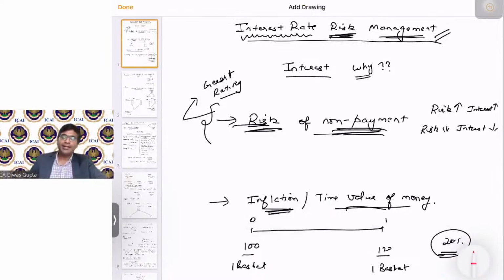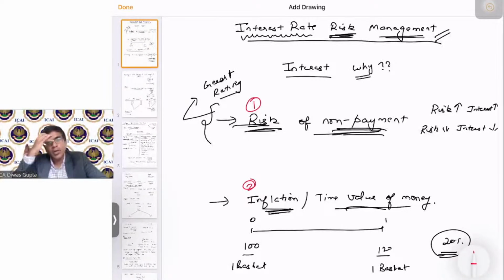So first of all, for interest rate risk management, we studied why there is a need for interest. We found out there are two reasons: one is risk of non-payment and second is inflation or time value of money. The risk of non-payment is generally governed by the ability of the borrower to repay interest as well as debt.